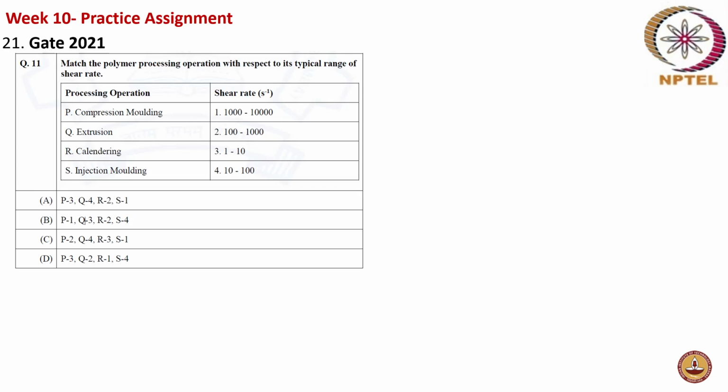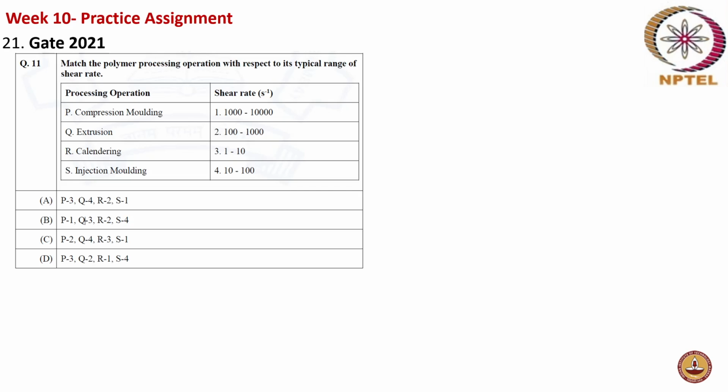So which of these operations have the particular shear rates? Four options are given. So is it P3 Q4 R2 S1 or P1 Q3 R2 S4 or P2 Q4 R3 S1 or P3 Q2 R1 S4?